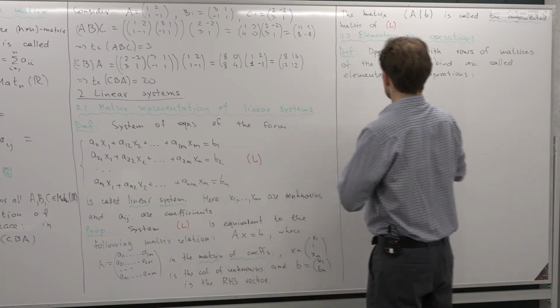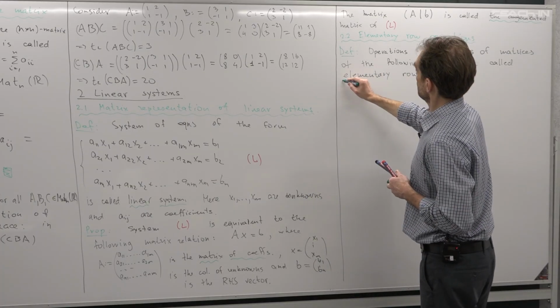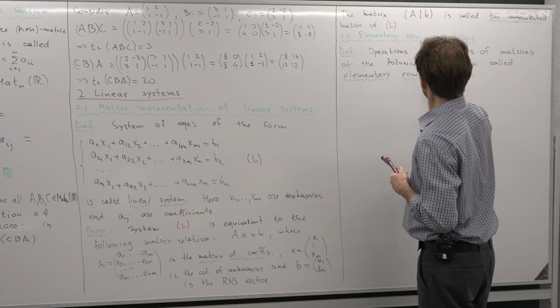So we will just list those kinds of row operations.